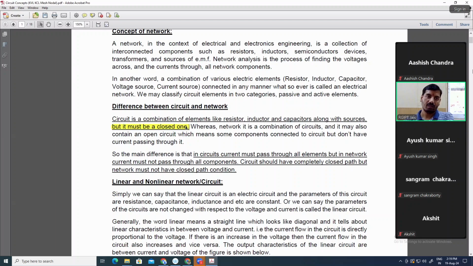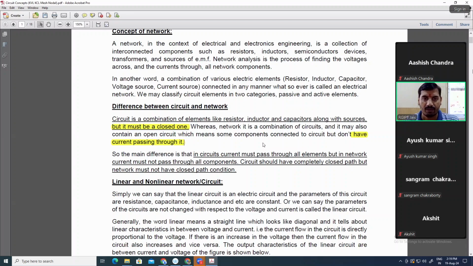So a circuit must have a closed path, whereas a network may or may not have a closed path. This means the current flowing through the components may or may not be there in the network. So a closed path is not mandatory for a network, whereas it is mandatory for a circuit.